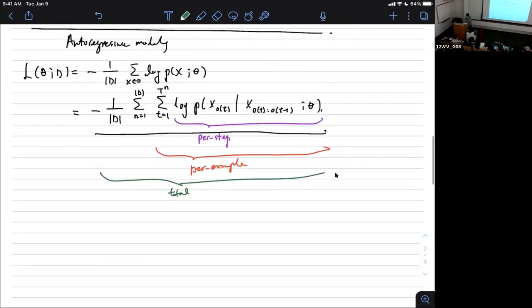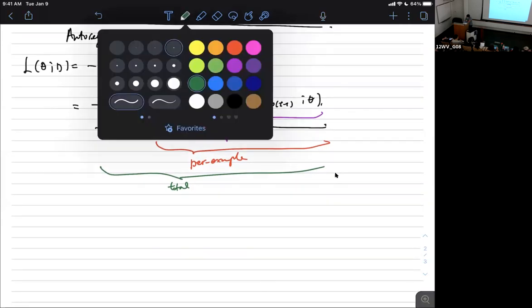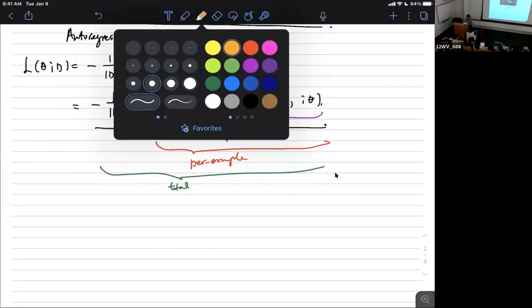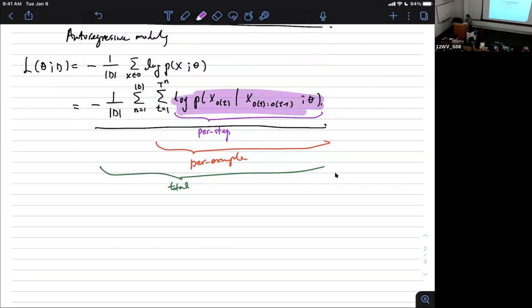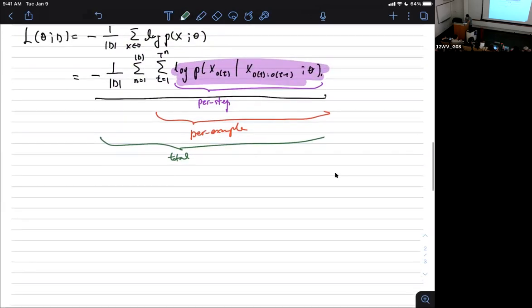Now, let's look at this per step loss function a bit more. If you look at it carefully, or really even at first glance, what you notice is that it looks exactly like the loss function that we use for training a text classifier. So let me rewrite this per step log probability here.